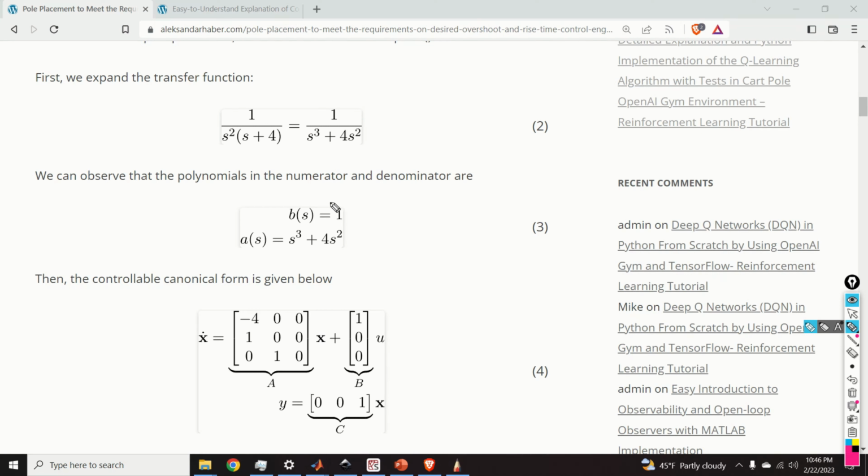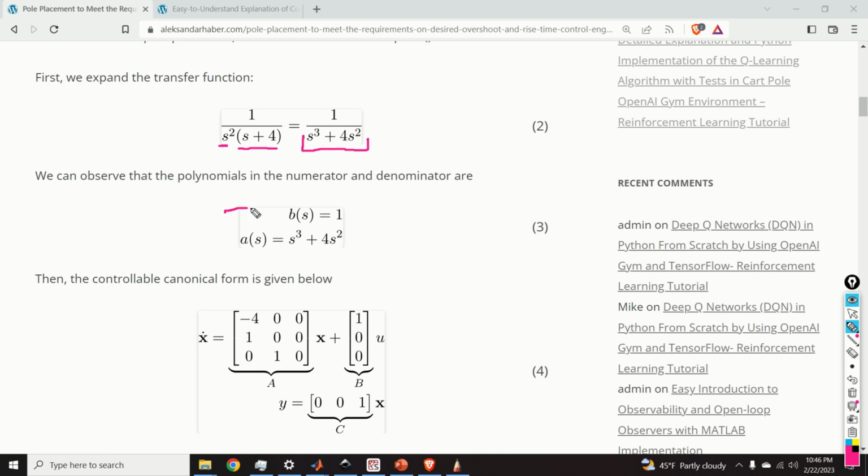The first step in deriving the controllable canonical form state space model is to multiply the terms in the denominator of our transfer function. So I multiply s squared with this term over here, and I obtain this polynomial over here.